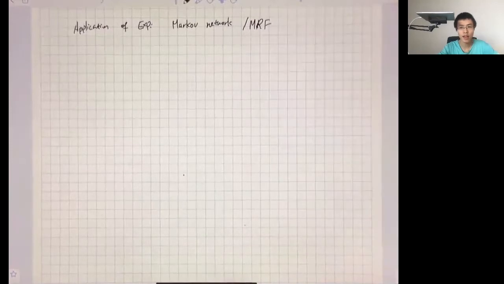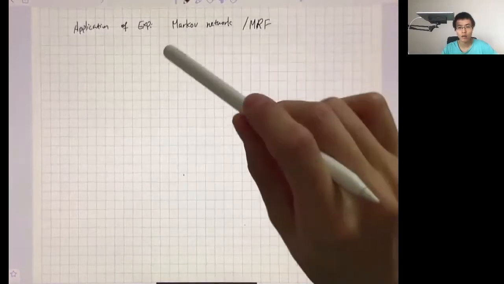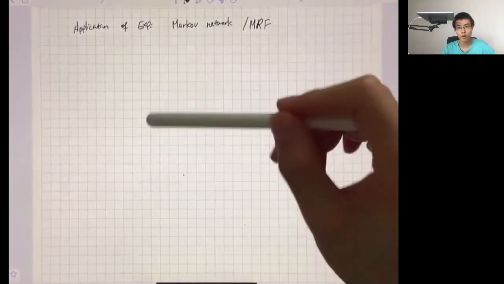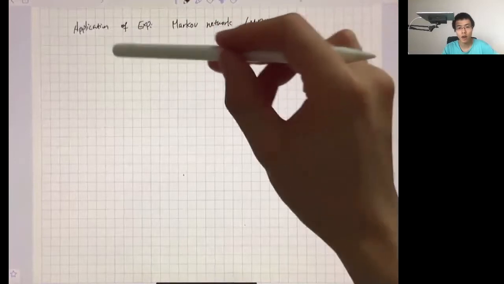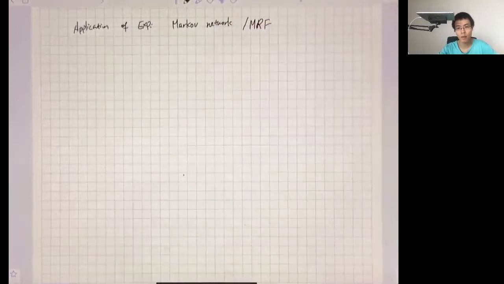This is a very classic topic in probabilistic graphical models, but we're not going to talk about probabilistic graphical models in general or in a systematic way. We're just going to develop the Markov network for a particular task and apply the knowledge we have learned for exponential family to solve that task.